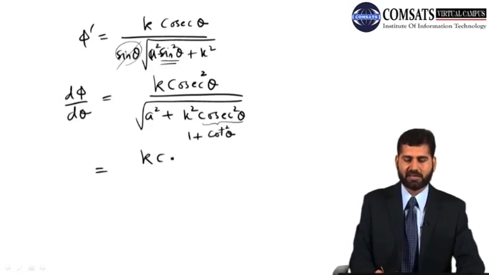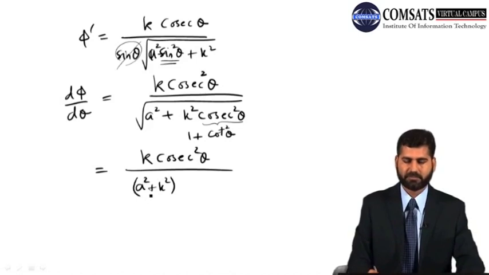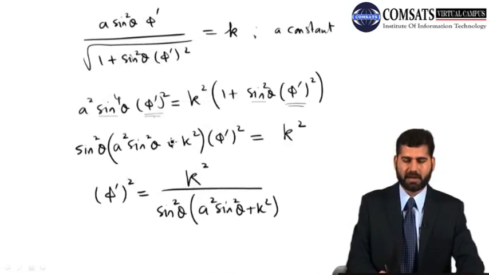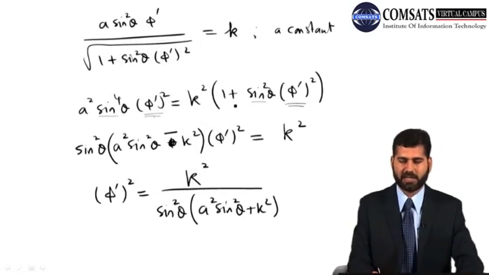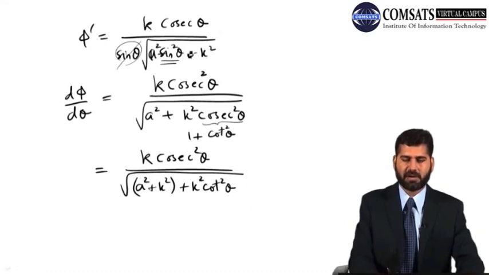So I will get k cosecant square theta over the square root of a square plus k square plus k square cot square theta. Here it's a minus sign. You see, sine 4 theta phi prime square, and I brought it here. So this plus will become minus, this will become minus, and minus and minus. Alright, so plus, this is minus here.